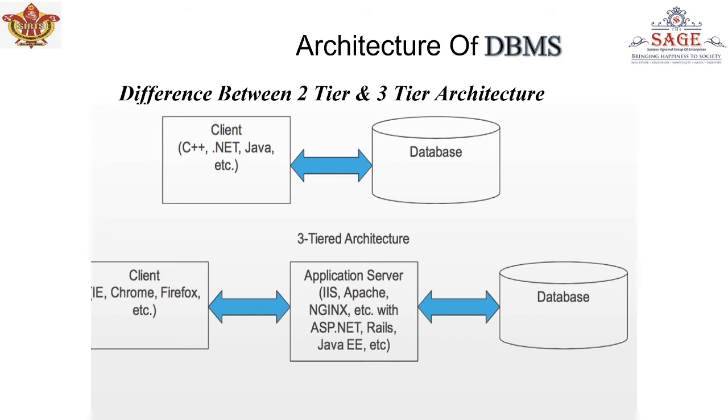A middle layer is added between the user system interface client environment and the database management server environment. There are a variety of ways of implementing this middle tier, such as transaction processing monitors, message servers, or application servers.